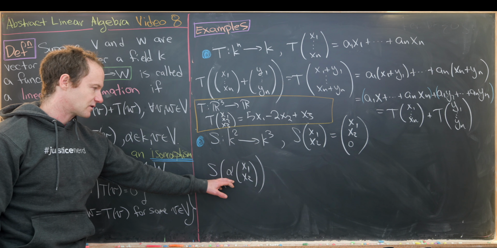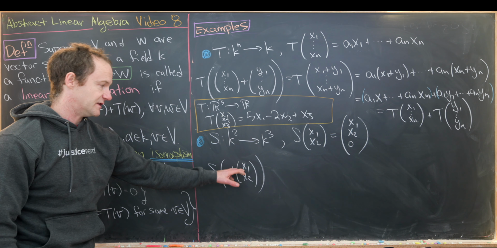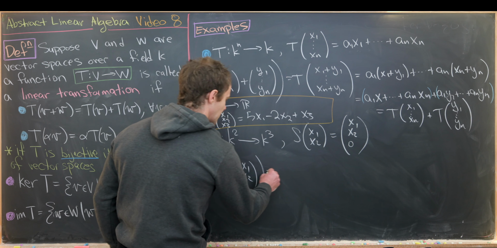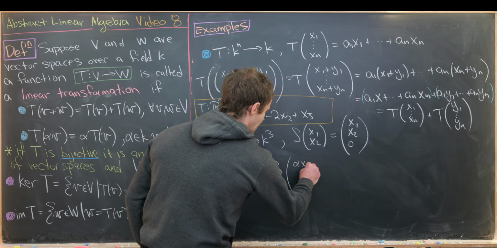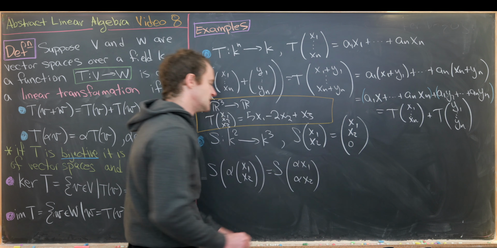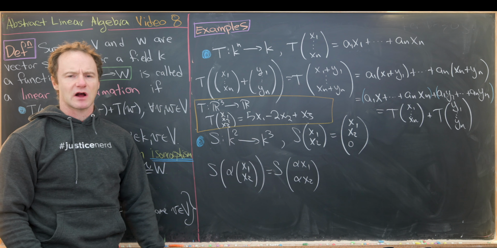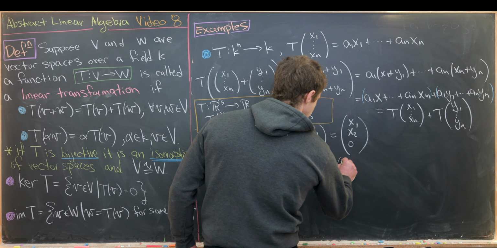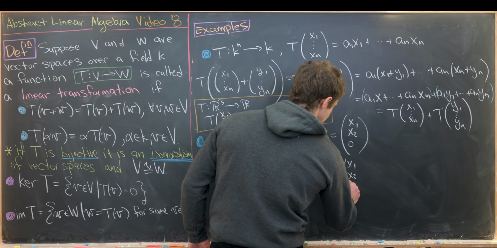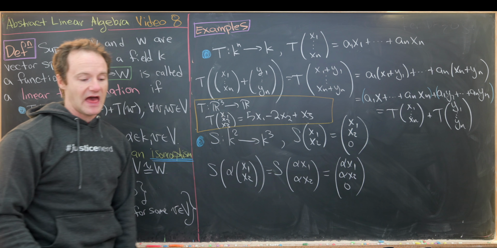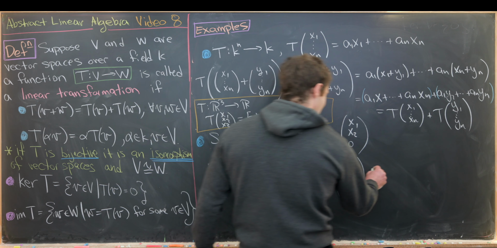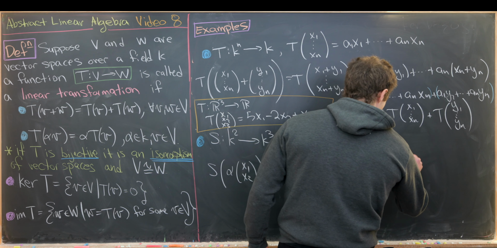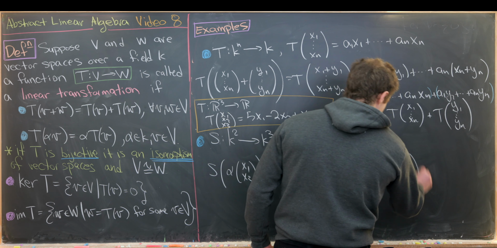So that's the scalar multiple of alpha with this vector x1, x2. That'll be equal to S of alpha x1, alpha x2. So that's by the scalar multiplication properties that we defined previously. But that's equal to alpha x1, alpha x2, 0 by the definition of S. But then that is equal to alpha times x1, x2, 0.